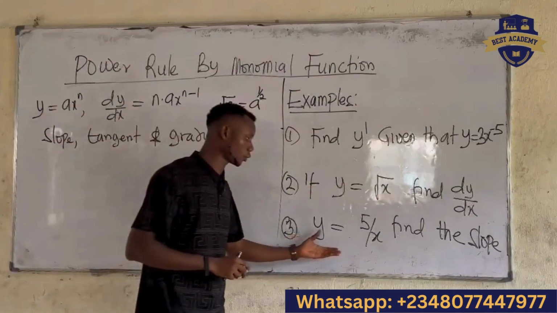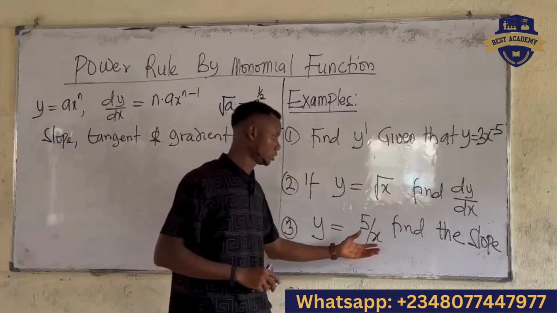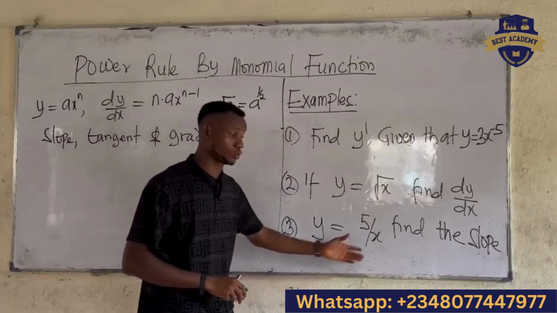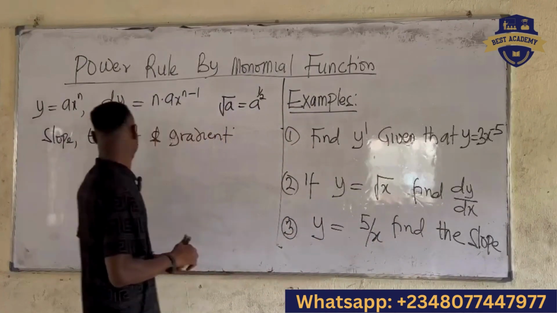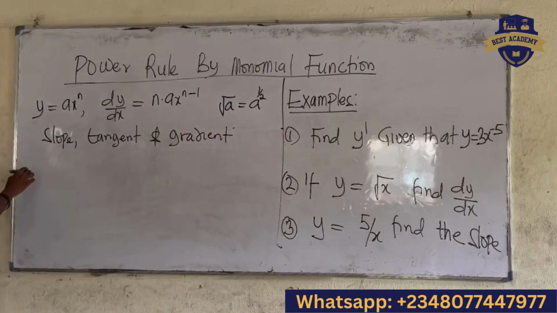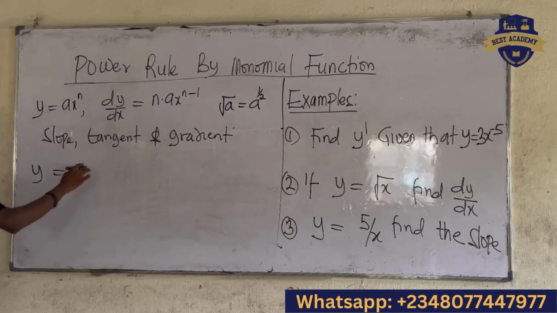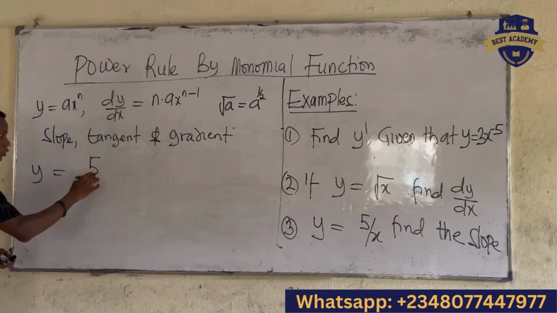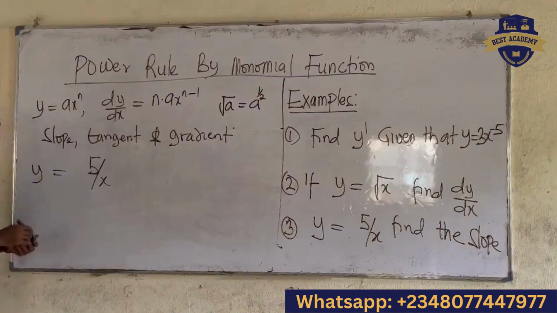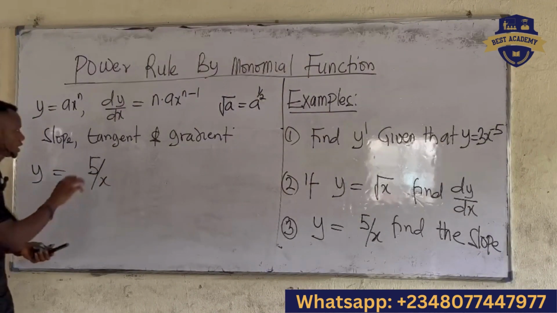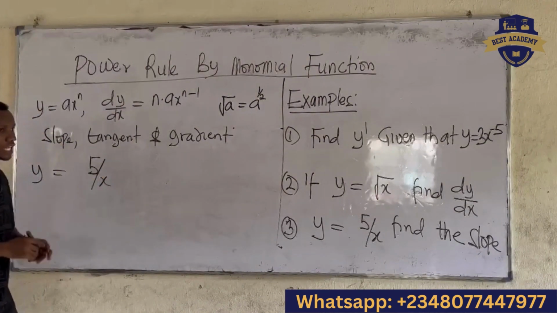So we are given y equal to 5 over s. Find the slope. It means that we should find dy dx here. Please take note. So this can be represented in a linear form.